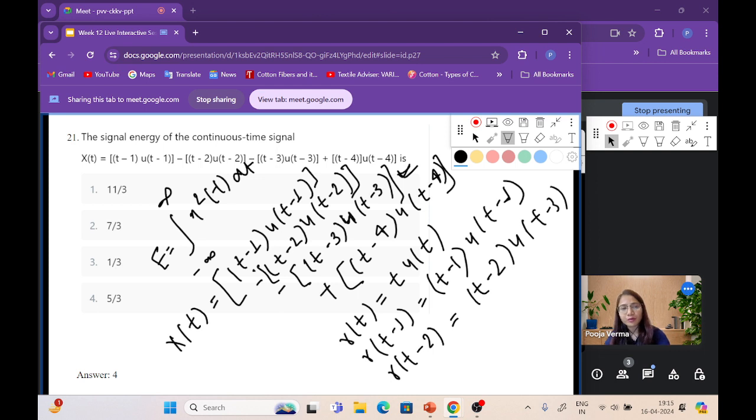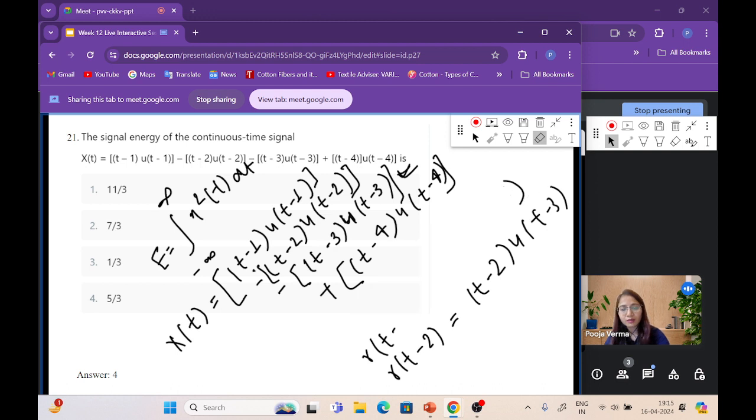Now x(t) can be written as, I'm removing it from here, we can write it.